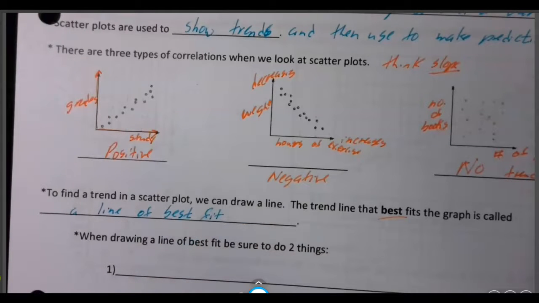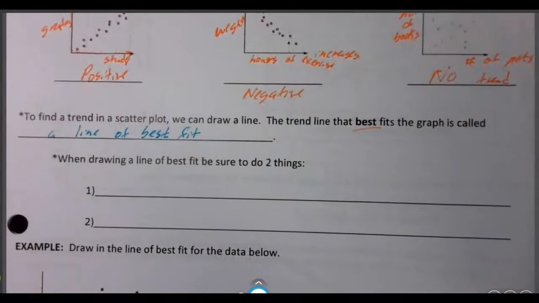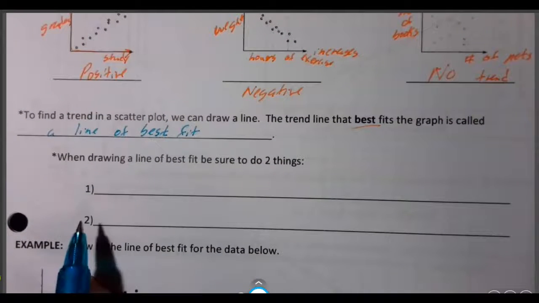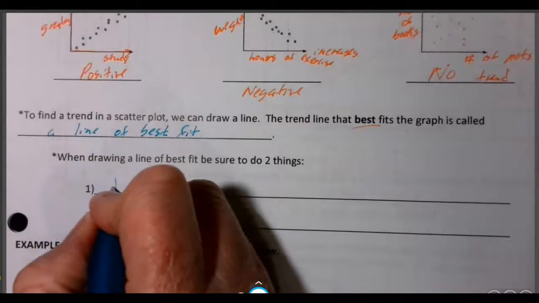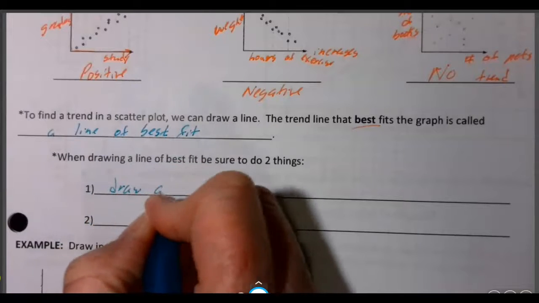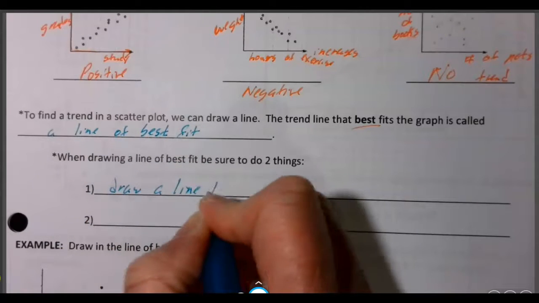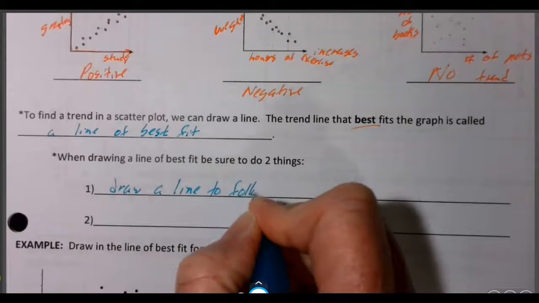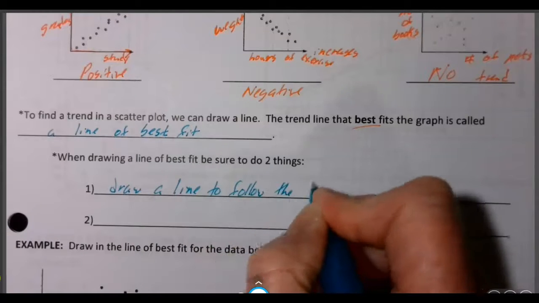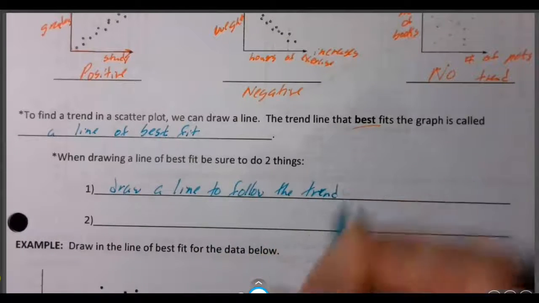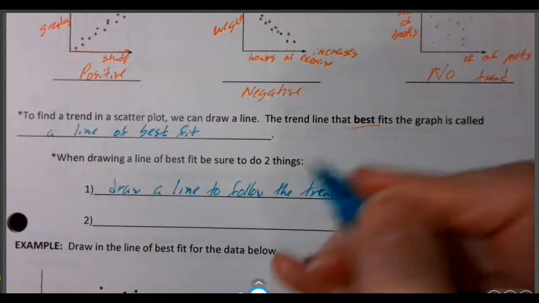Okay? So when drawing a line of best fit, make sure to do two things, for the most part. When drawing a line of best fit, first off, draw a line to follow the trend. And when you're doing this, think about it this way.